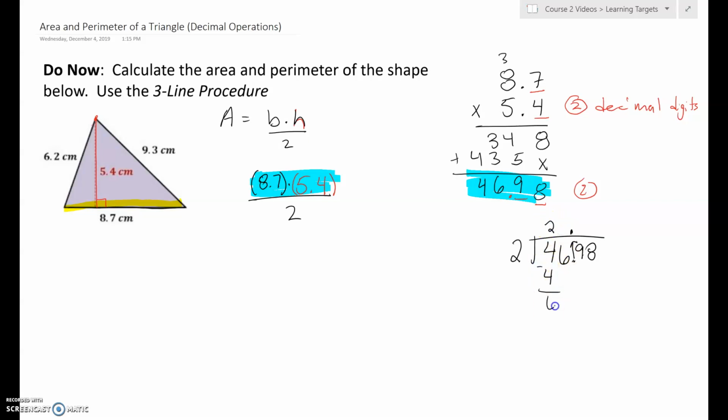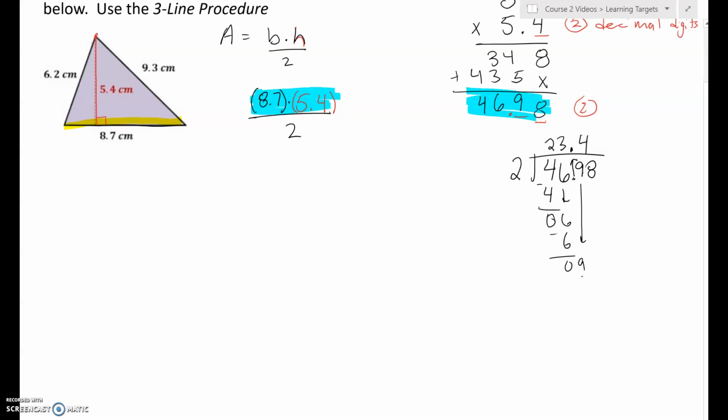Remainder of 0. Bring down the 6. 2 goes into 6 3 times. Another remainder of 0. Bring down the 9. 2 goes into 9 4 times. 4 times 2 is 8. Remainder 1. Bring down the 8. 2 goes into 18 9 times. That is half of 46 and 98 hundredths.